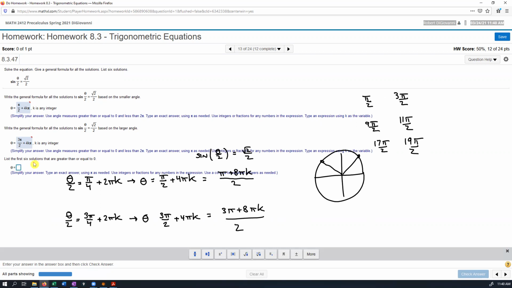I'm kind of bummed out that it didn't take my answers on that previous one. Pi over 2. 3 pi over 2. 9 pi over 2. 11 pi over 2. 17 pi over 2. And one more, 19 pi over 2.